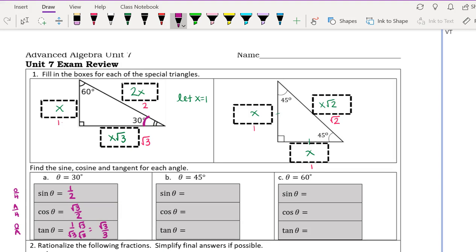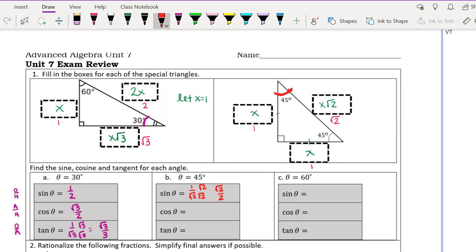For the 45, we're going to go over to this triangle here. It doesn't matter which one we use. Let's use this top 45 degree angle. Opposite over hypotenuse for sine, so 1 over the square root of 2. Can't have square root of 2, so I'm going to rationalize it, and I get the square root of 2 over 2. For cosine, same thing, adjacent over hypotenuse.